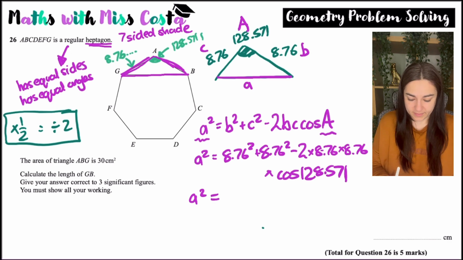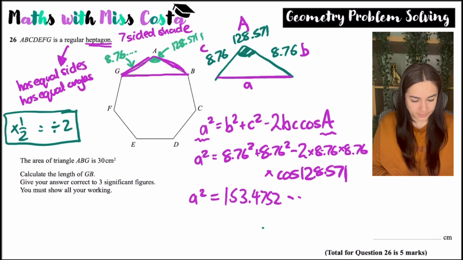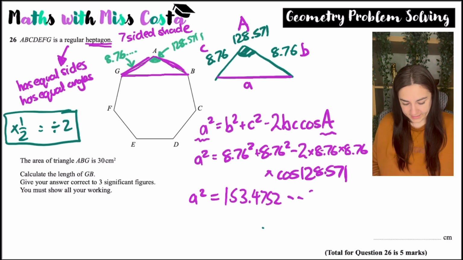So let's just clean that up. 8.76 squared plus 8.76 squared gives me 153.4752, and I'm going to subtract 2 times 8.76 times 8.76 times cos 128.571, which gives me minus 95.689345.